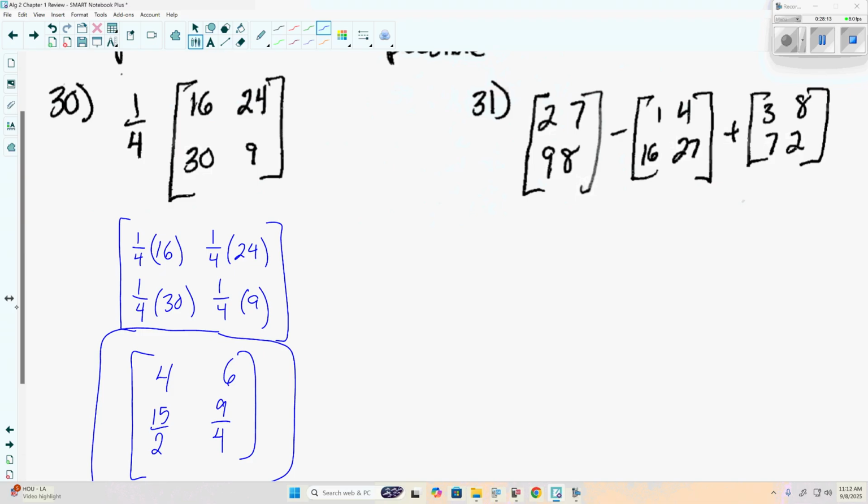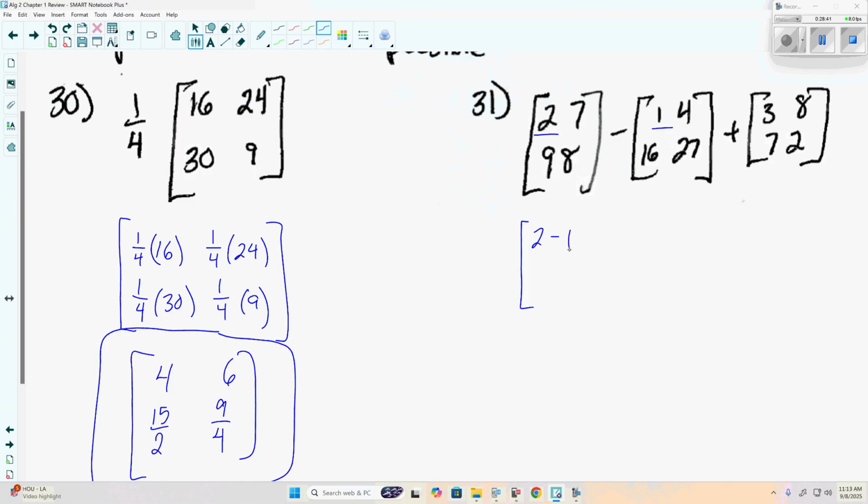Okay. So adding or subtracting, to be able to add or subtract, the dimensions have to be the same. Now, when we did this in class, we did the first two here, got our results, and then added it to the third, yes? We can do this all at once because of our corresponding elements, so we would say 2 minus 1, yes?